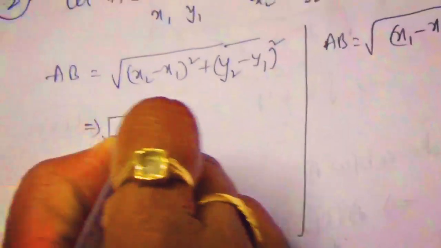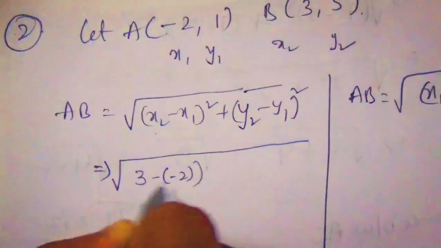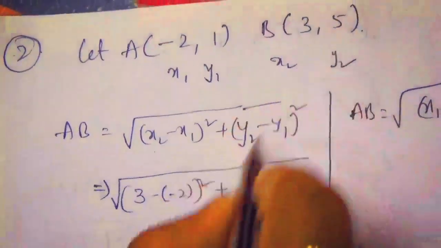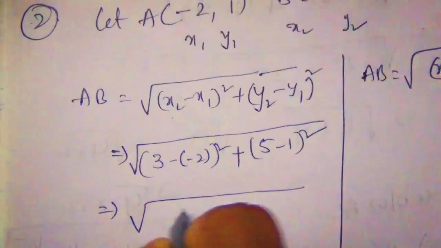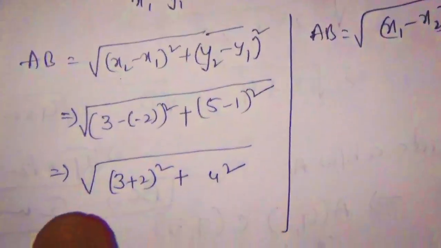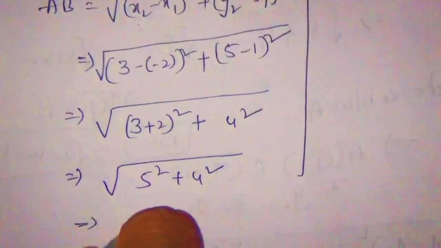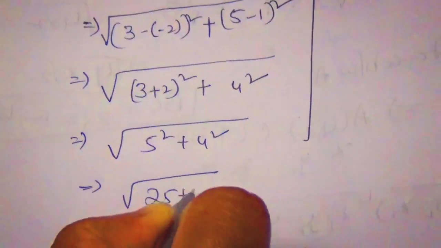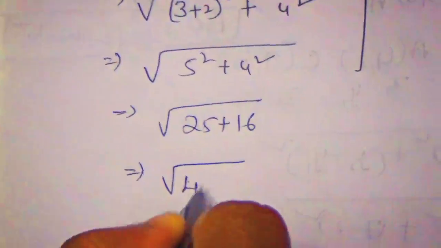The first is equal to (3 minus of minus 2) whole square plus (5 minus 1) whole square. That implies 3 plus 2 whole square plus 4 square, which is 5 square plus 4 square, which is the square root of 25 plus 16, which is the square root of 41.